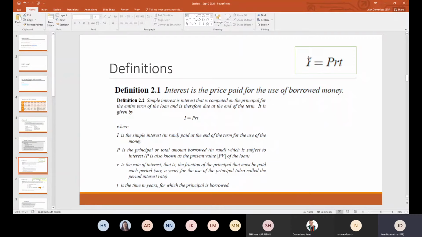So I think it's important that we just know that your interest amount is calculated by the principal value times your interest rate times the term, if it is in years, if it is in months, if it is in quarters, that you will need to add to that.